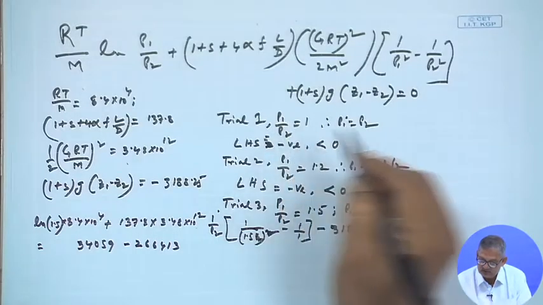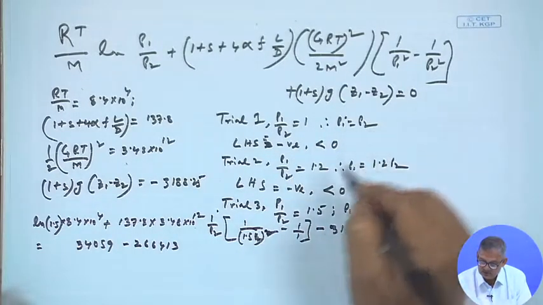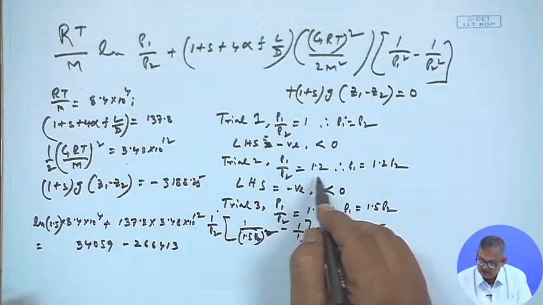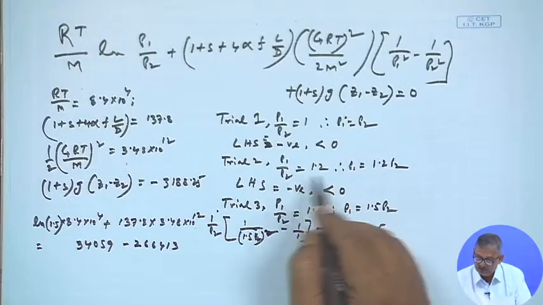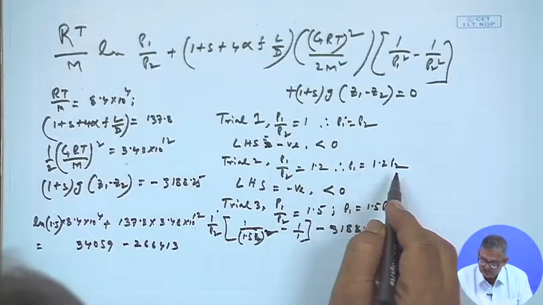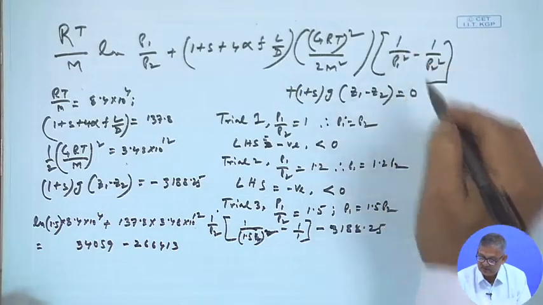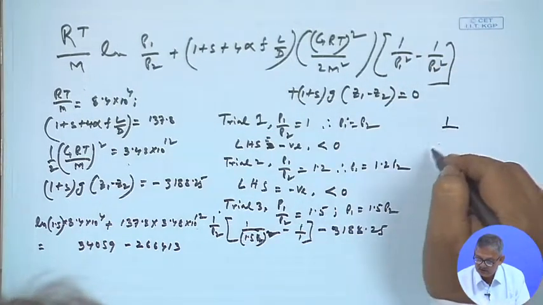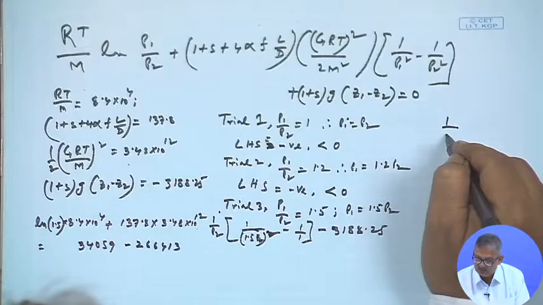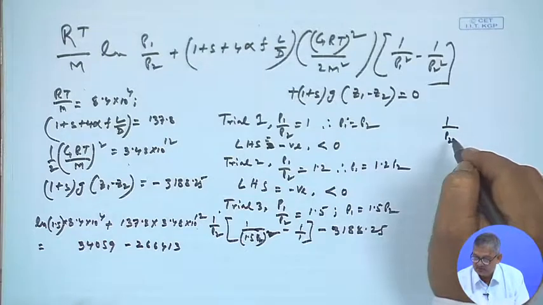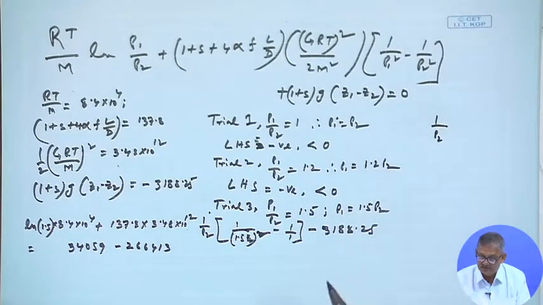So P1 is 1.2, this is 1, and if it is taken 1.2, then P1 is 1.2 P2, right? So if we substitute here 1 by P1, and P1 is 1 atmosphere, right?